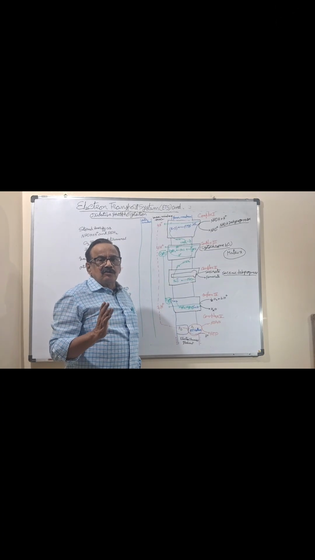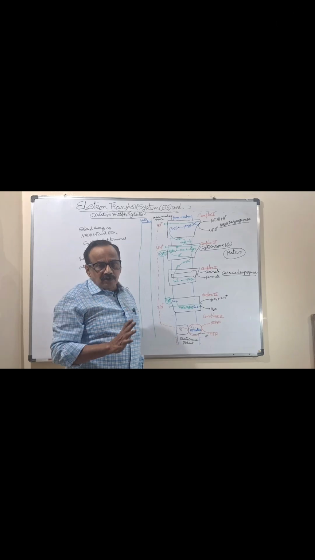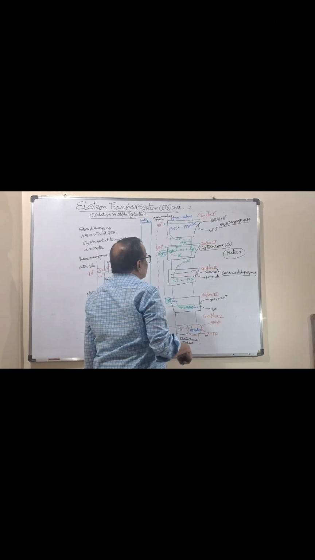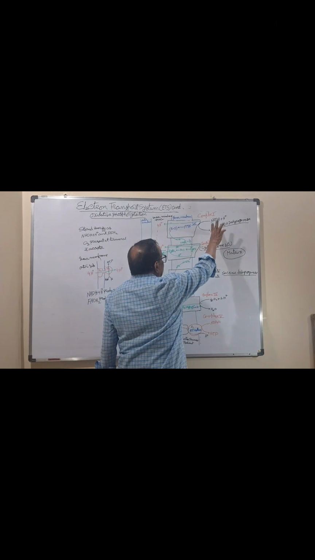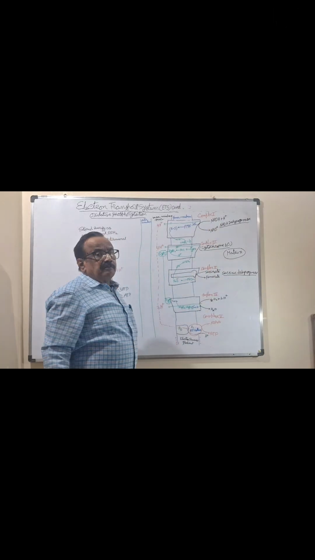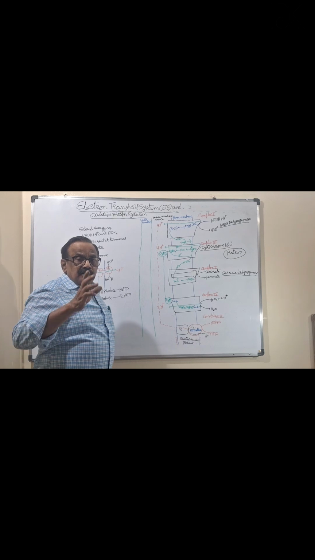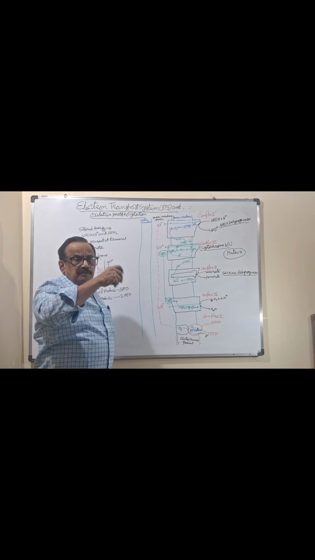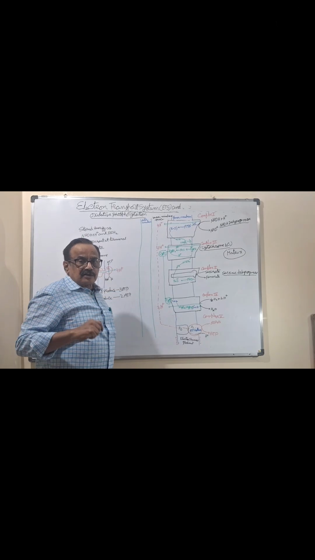Now we will see how the electrons come out, from where they come out, and how they pump the protons. Now you see, complex number 1 is used for NAD and FAD, as they are called. They are produced in the matrix of the mitochondria and in glycolysis also.